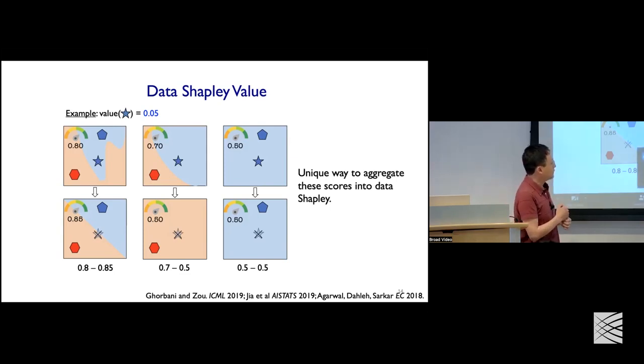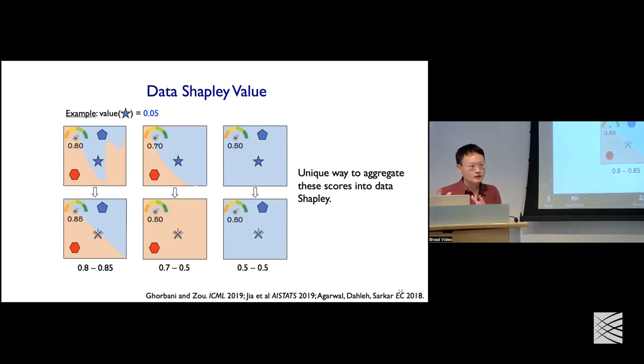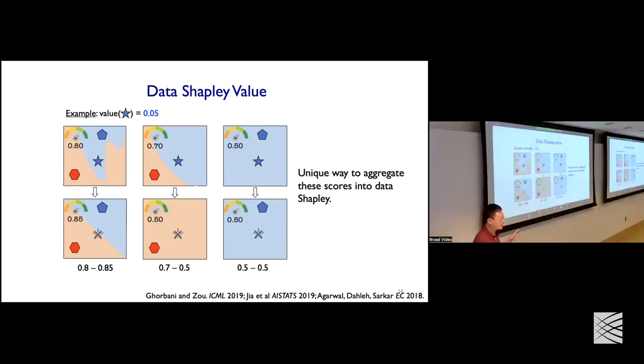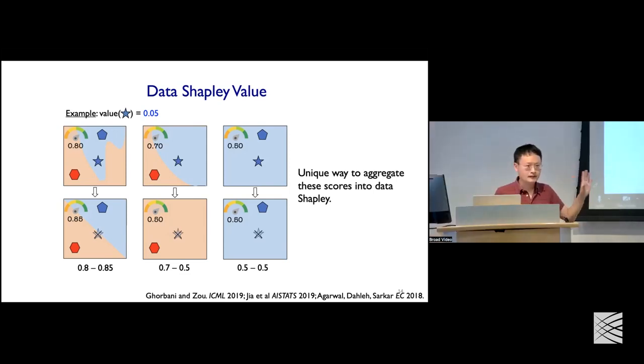So in each scenario, we estimate the leave one out score, and in the end, there's a mathematical way to average across these scenarios to get a single estimate for the importance of an individual data point. Then we can do this across different data points. There are some computational challenges, which I'll come back to, but this is the high-level idea of what we're trying to do.